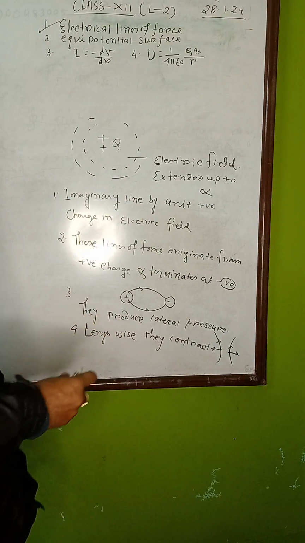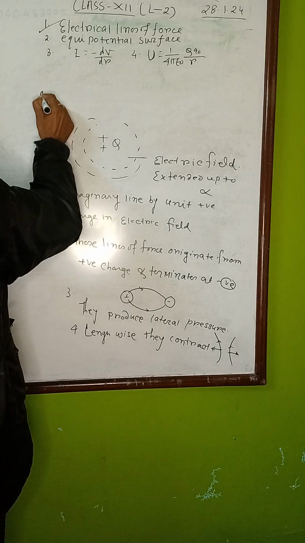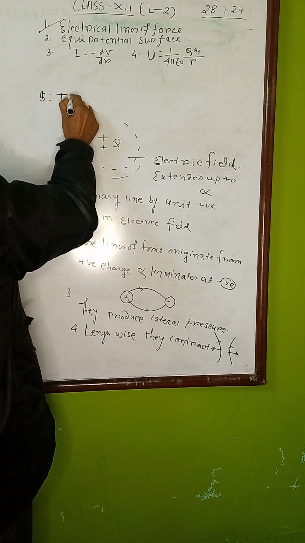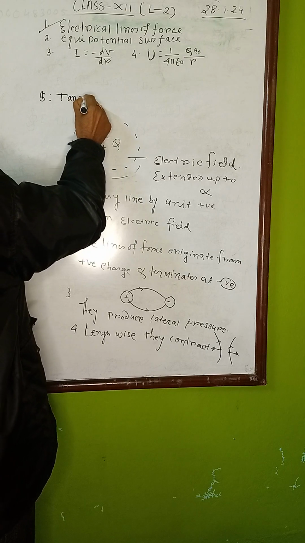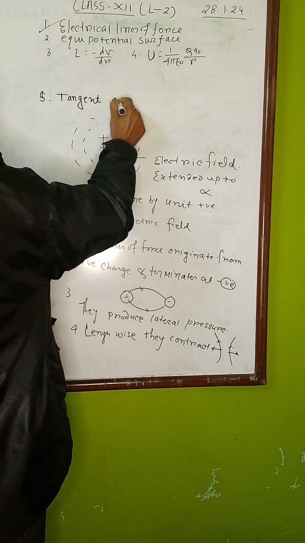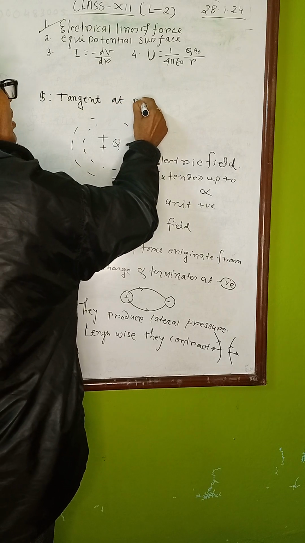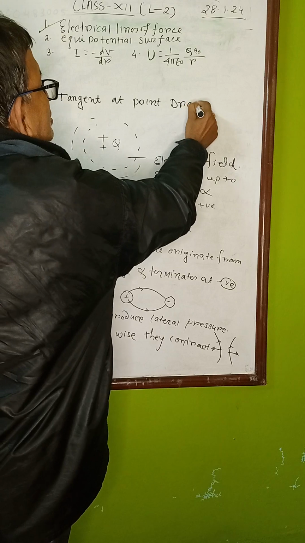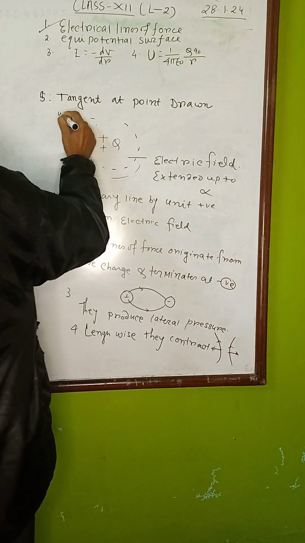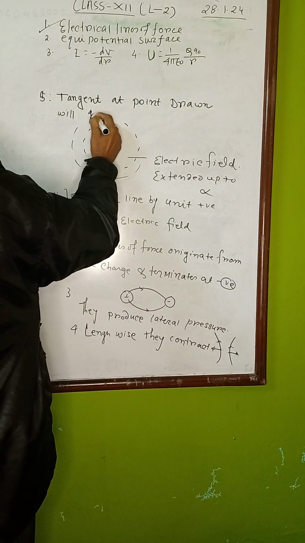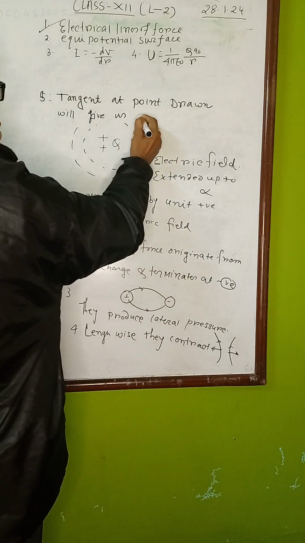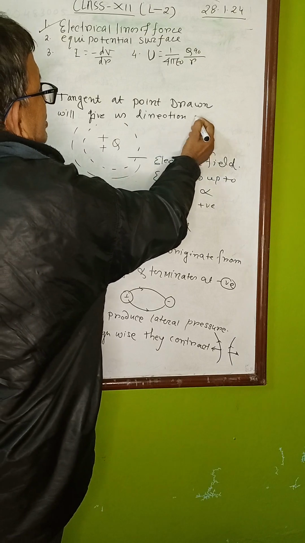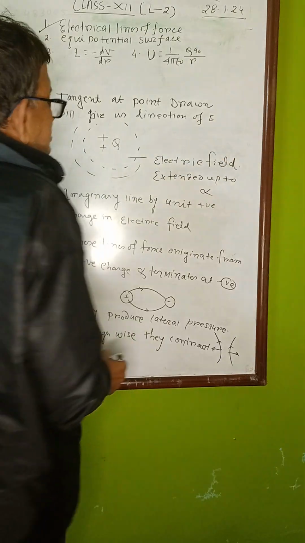Now, the next property is number 5. A tangent drawn at any point will give us the direction of E, the electric field.